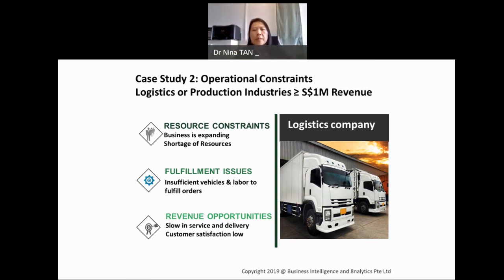So this company is above 1 million, and they had resource constraints, and they were turning away jobs. They were turning away jobs because they didn't have enough capacity. And that led to the third issue, which is a slowdown in service and delivery, because you were just building up the funnel, and therefore there was a bottleneck.